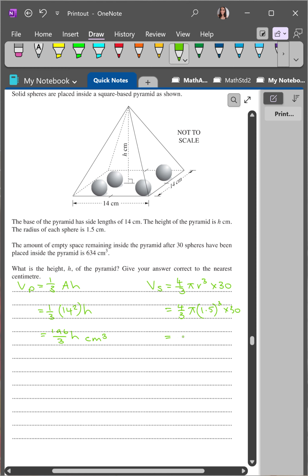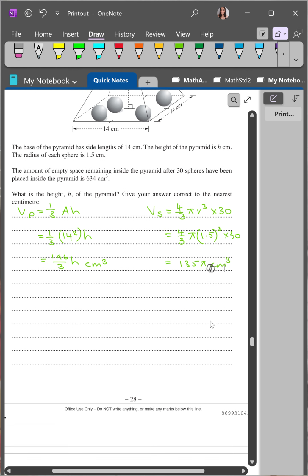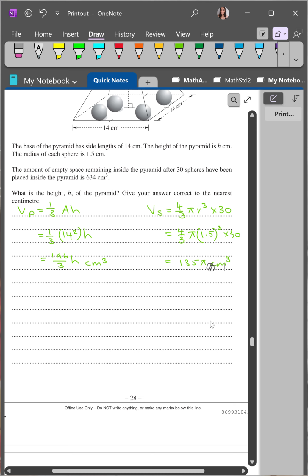Then you put this in your calculator, and it's going to be 135 pi centimeters cubed. I'm keeping pi intact because pi is just going to make it a long decimal, and if we put pi directly in our calculator, then we get no rounding errors. So I like to keep pi intact.